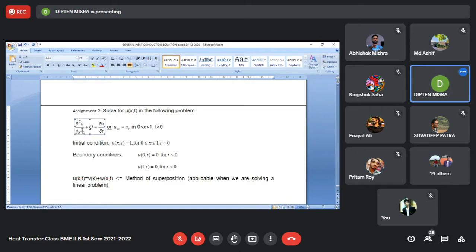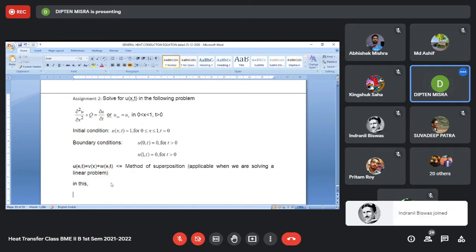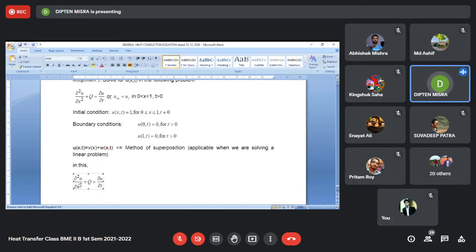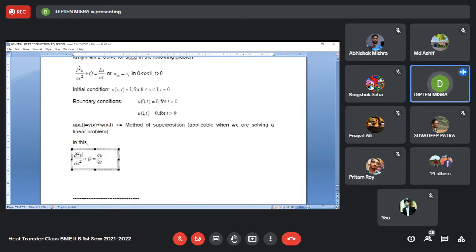This problem V consists of, where, because V is only consisting of X. So we define a problem like this.